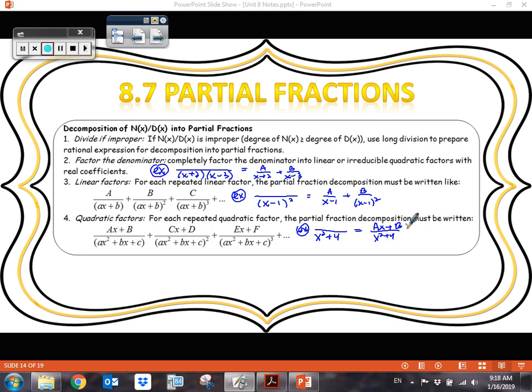Now, what if I have a repeated quadratic factor? What if I have something like, I don't know, x squared plus 1 squared, or cubed. Let's do a cubed. How would I do that?